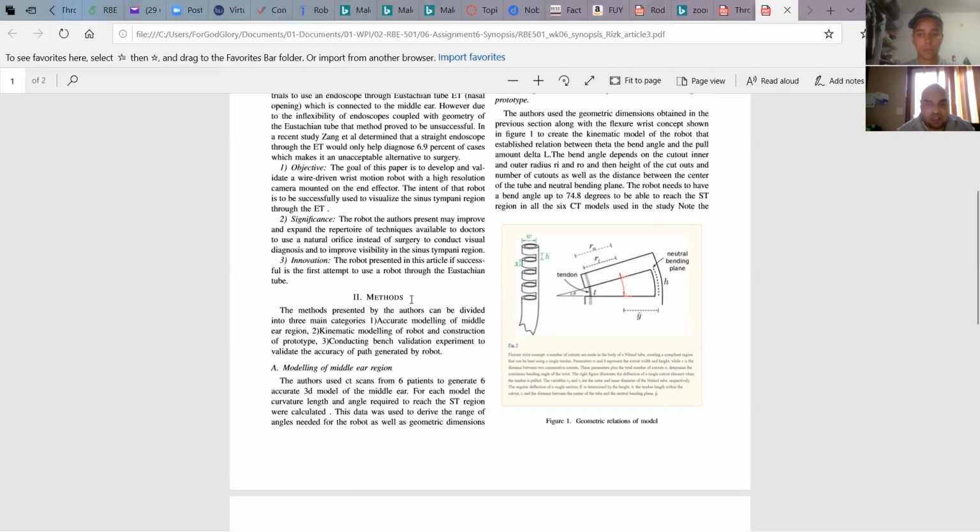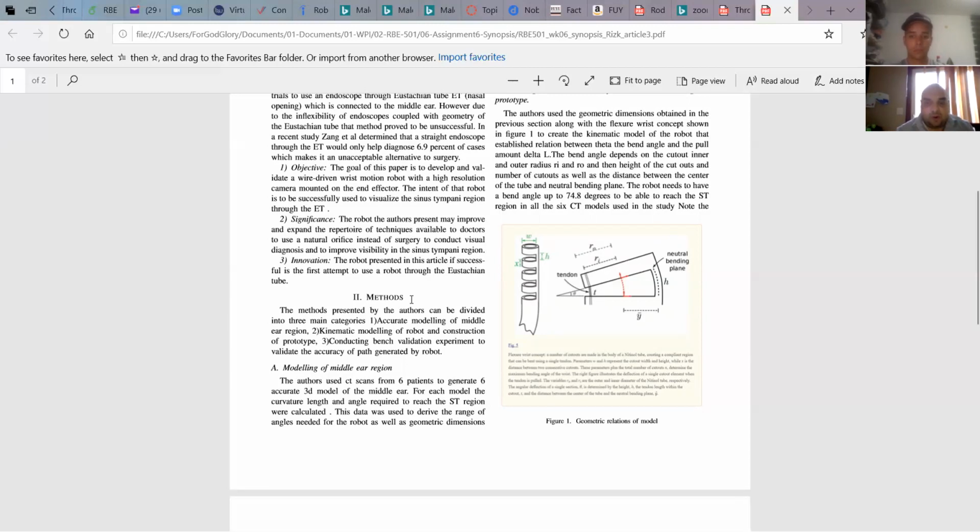they took 6 patients and did CT scans of the 6 patients' ear anatomy, and they modeled the angles and the distance between the Eustachian tube and the middle ear sinus tympani region on those 6 patients.